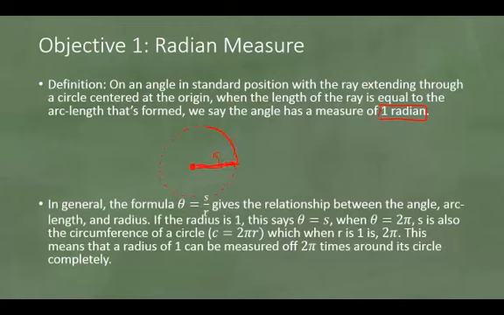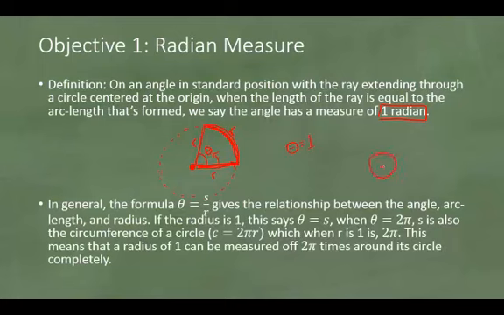So let's call this length r. After a certain time, when the arc length is equal to r also, in other words, we have r and r there, then that angle theta is a measure of 1 radian. What's interesting about that is that it doesn't matter how large that circle is.